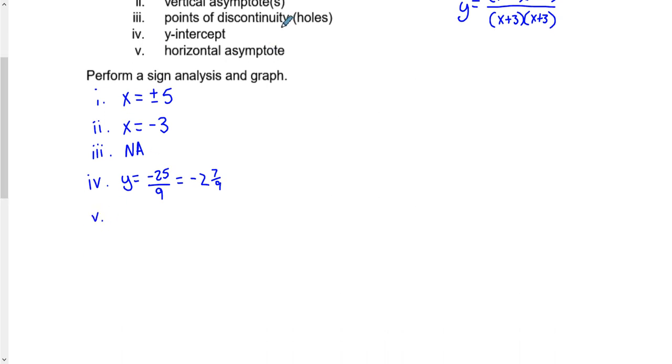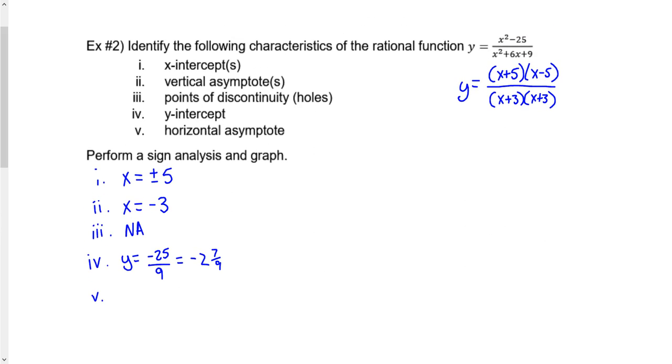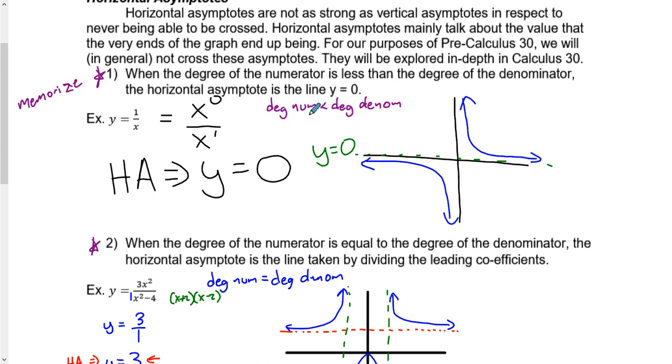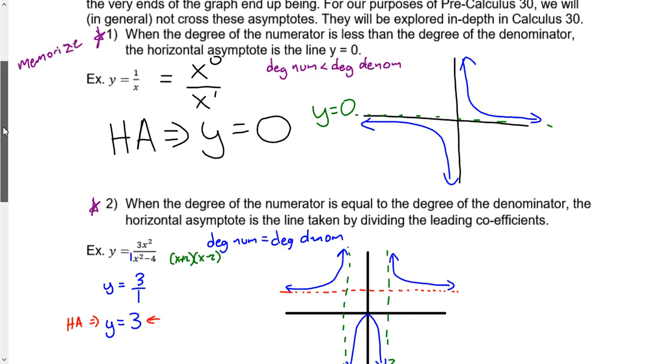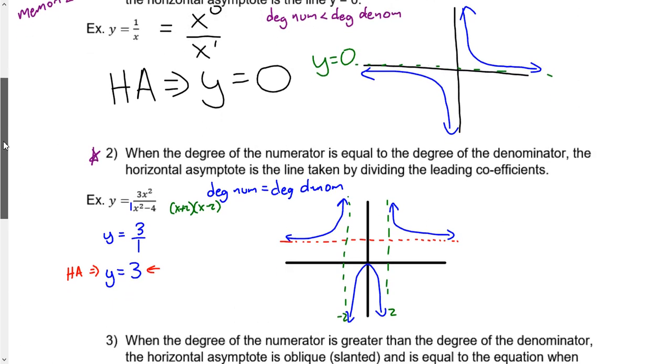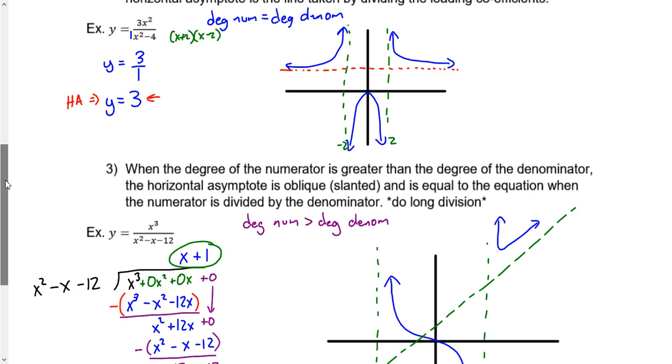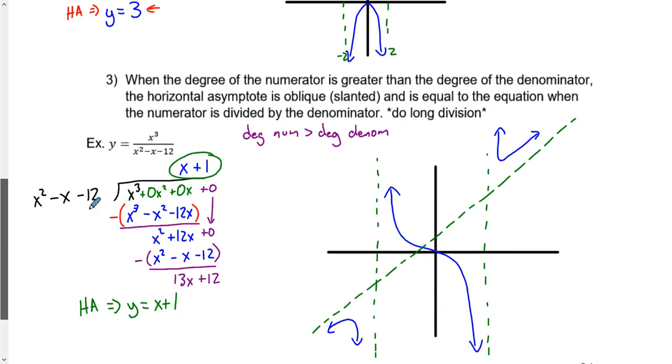Fifth step is determining what our horizontal asymptote would be. So we're going to go back to these rules. Degree of the numerator and degree of the denominator are all that we have to do. So the degree of the numerator, if it's less than, y equals 0. If they're equal, we have to divide the leading coefficients. And if the numerator is greater than the denominator, we have to do some long division.